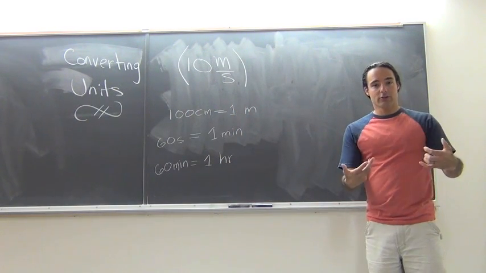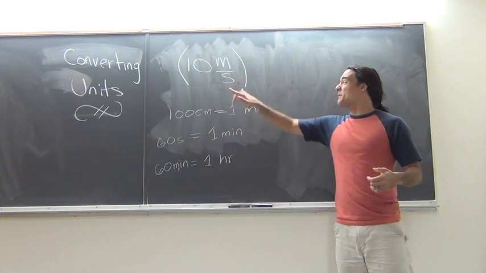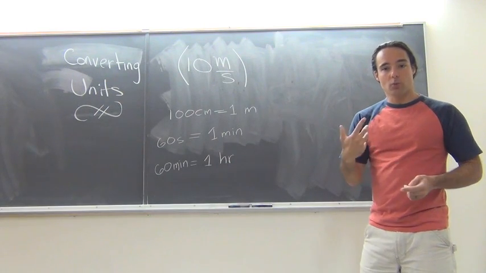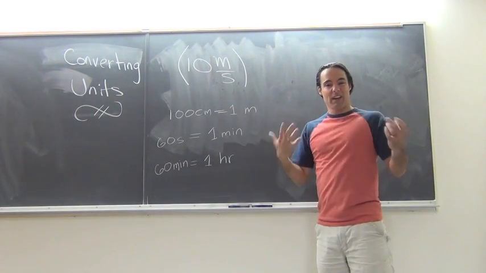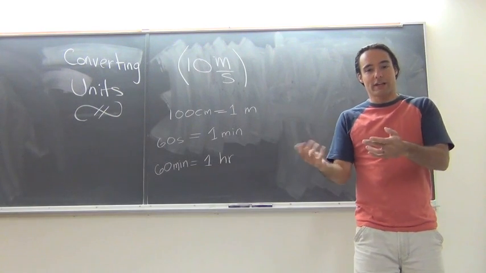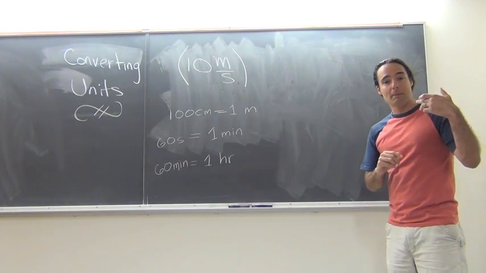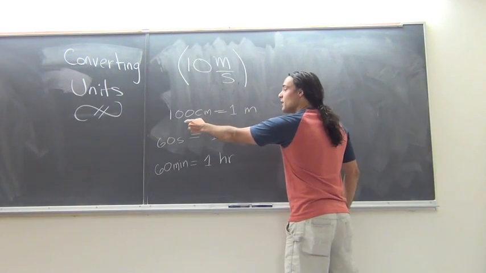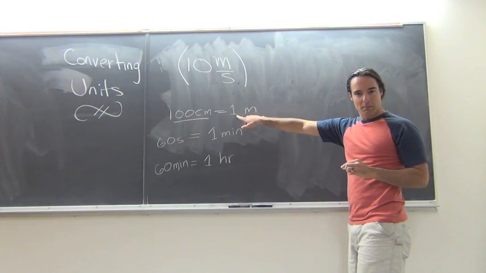To do that, I need to do some multiplication. Now, if I multiply by some number, I'm going to change this value, unless the number that I multiply is 1. So I want to multiply by 1. Now you might think, well, if you multiply by 1, aren't you going to just get 10 meters per second back? Yes, but we're going to multiply by 1 in kind of a different way. So here, I know that 100 centimeters is the same thing as 1 meter.